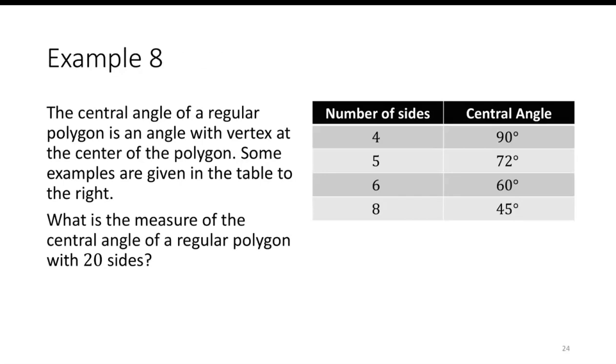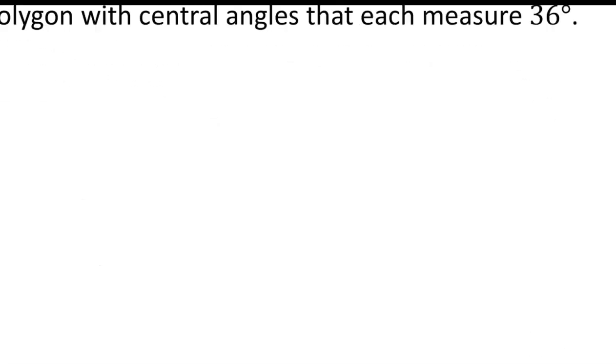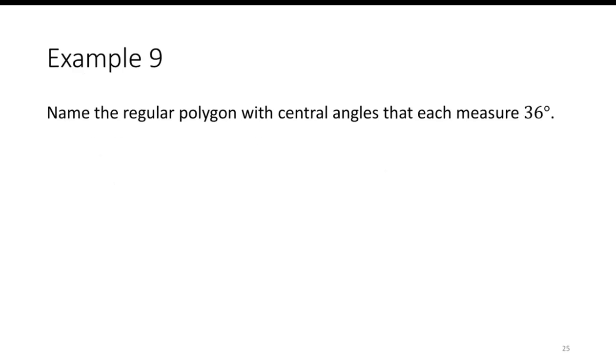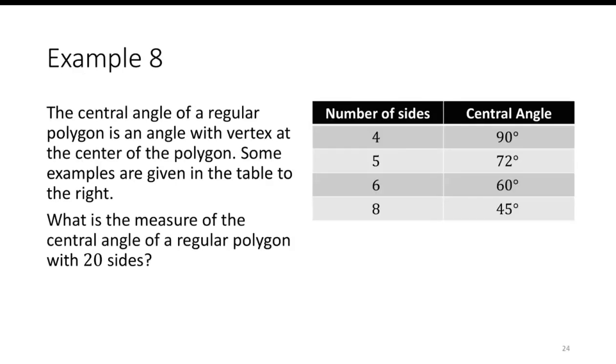The central angle of a regular polygon is an angle with a vertex at the center of the polygon. Some examples are given in the table to the right. So if there's 4 sides, the central angle is 90 degrees. We'd get that by doing 360 divided by 4.